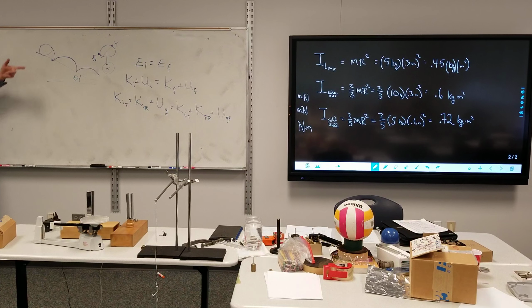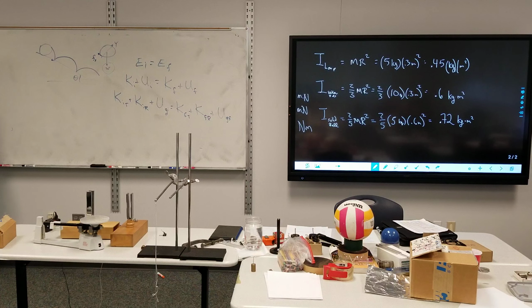So if I start them at rest, which of these are going to be equal to 0? Both the kinetics, both the initial kinetics, because v initial is equal to 0 and omega initial is equal to 0. That would be radians per second.